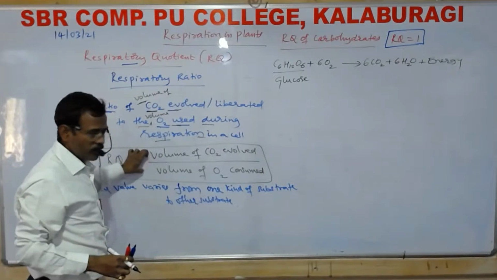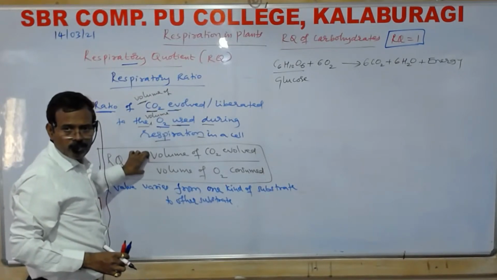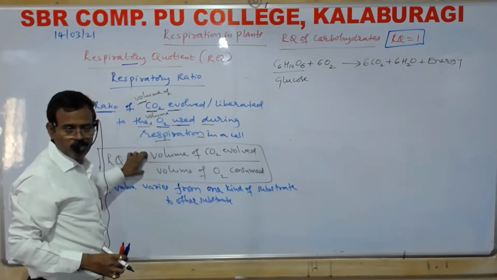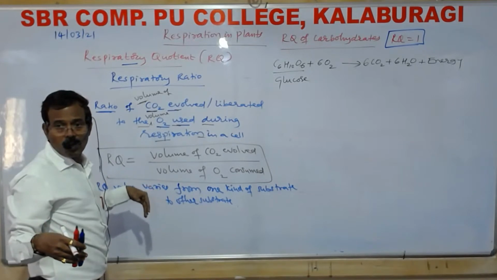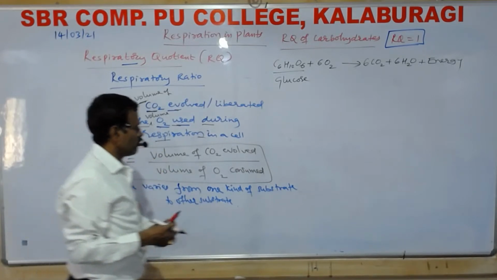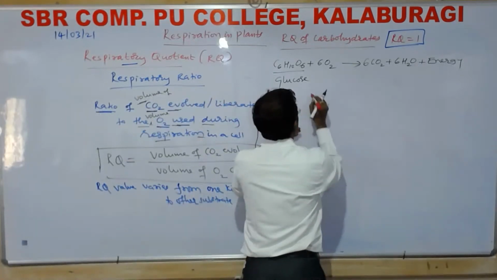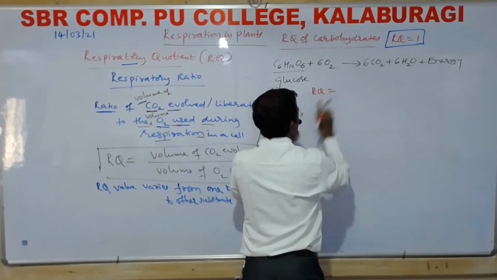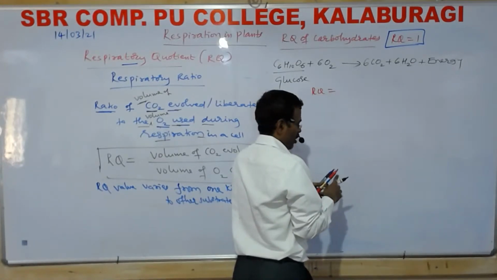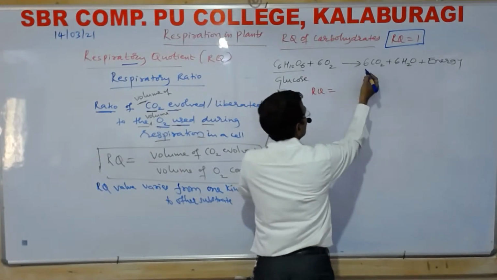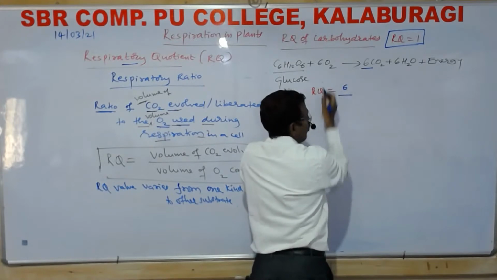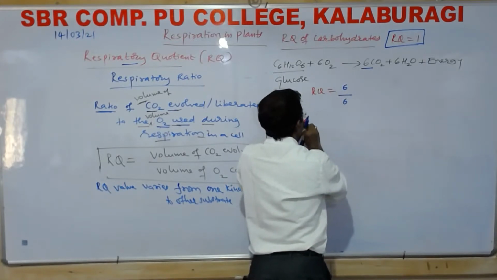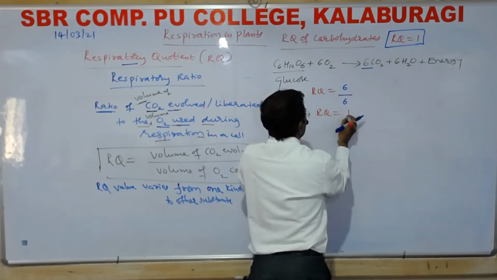Using this we can calculate RQ. RQ is equal to volume of carbon dioxide released, which is 6, over volume of oxygen used, which is 6.